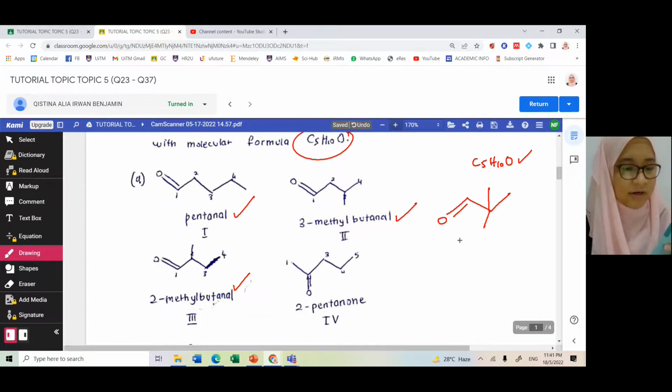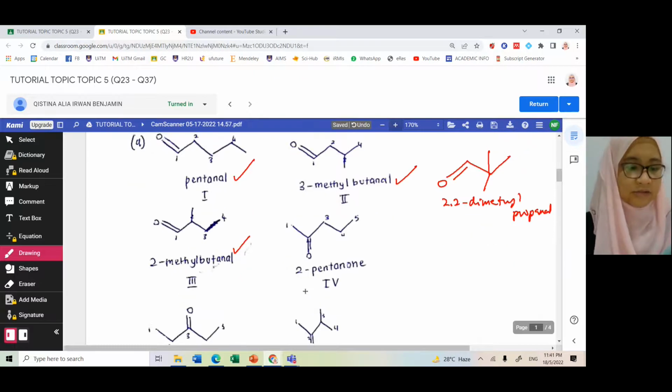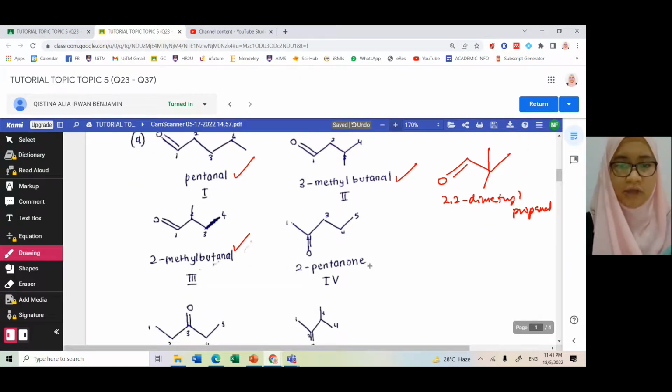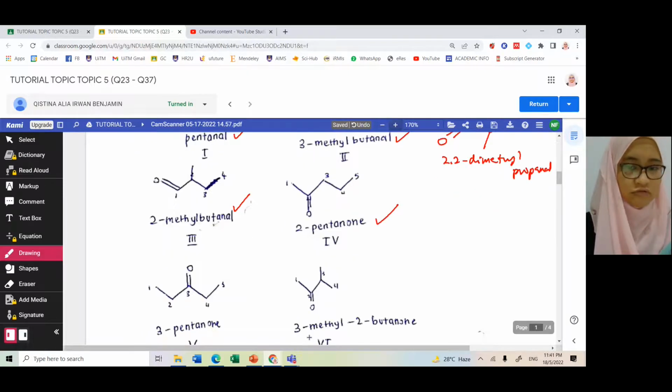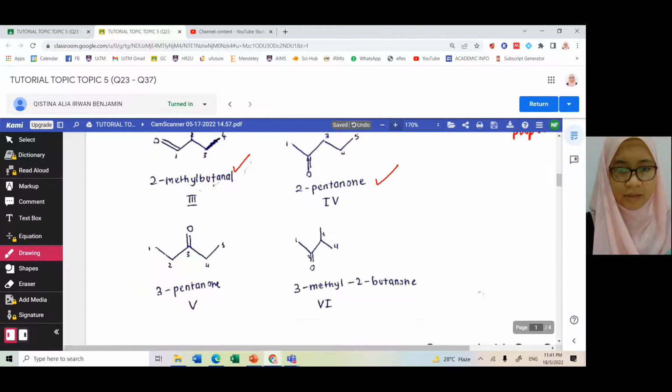This is known as 2,2-dimethyl propanal. Next, for ketones we have 2-pentanone, and then we have 2-methyl 2-butanone.